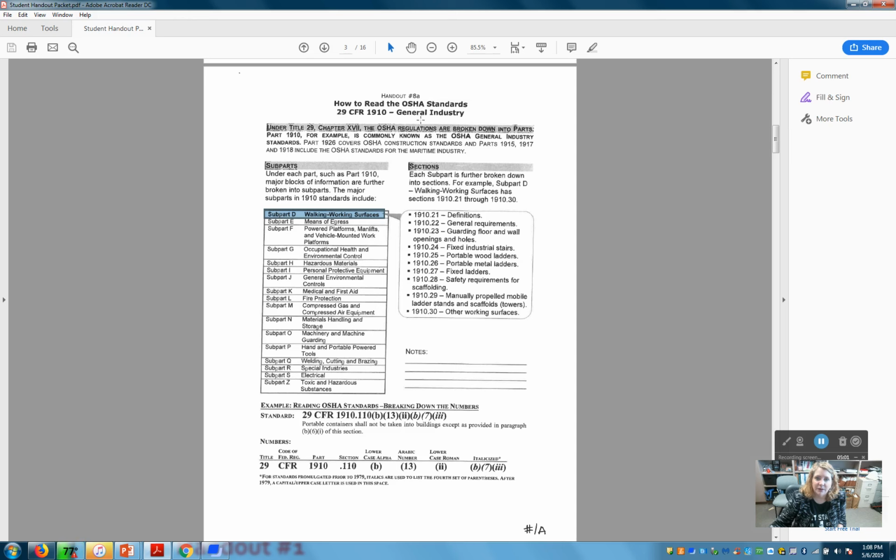But these are the subparts for general industry. So if we break down subpart D, which has to do with walking and working surfaces, you can see here that the part number 1910 with the section number .21 has the definitions.